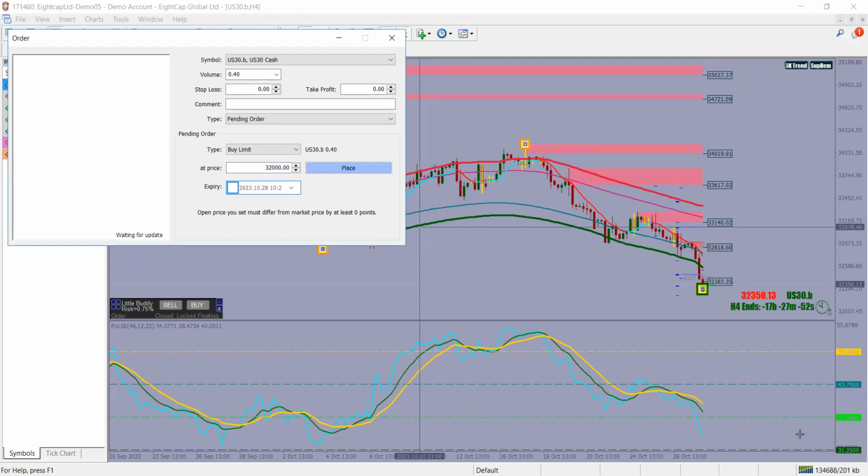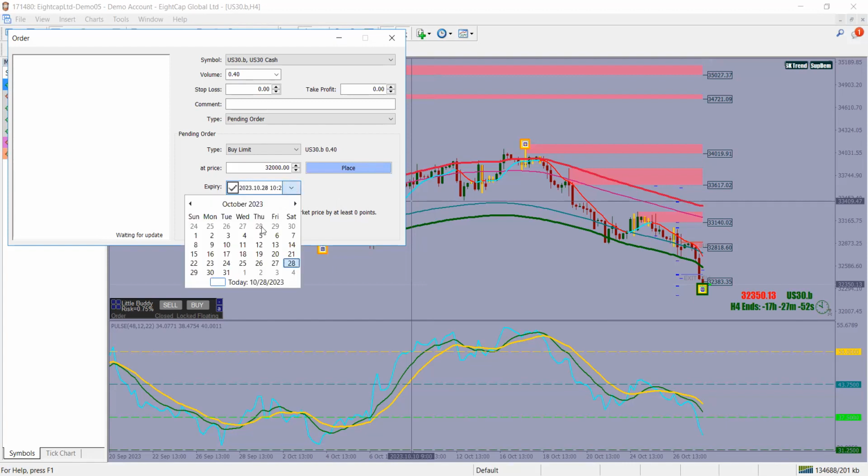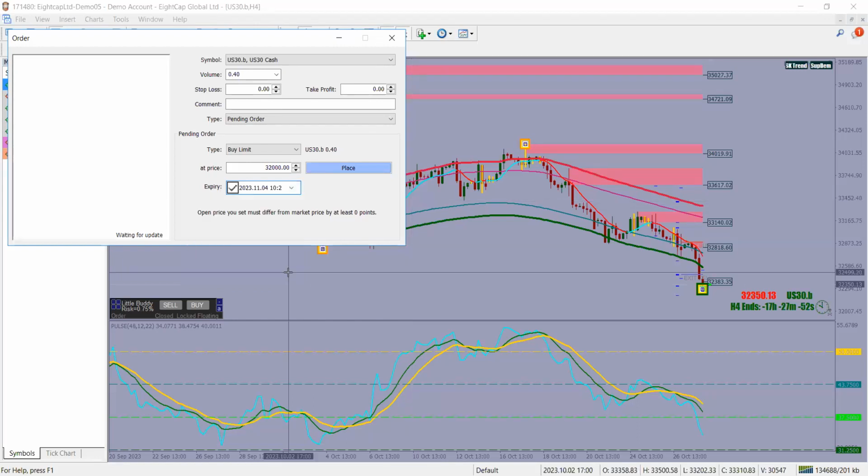So on the bottom of the screen, where you manage your trades, you can right click it or hit the X to close out the pending order if you no longer want it there. Or you can come here and put an expiry, and then you have a calendar. Let's say you only wanted it valid for the week, you can go into the week, or whenever you want it to expire.